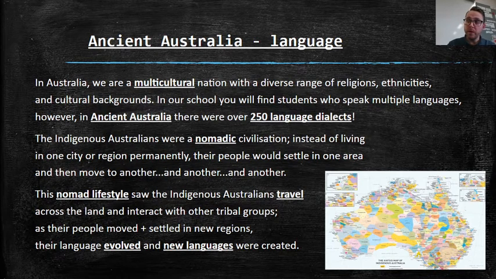Or, oh, that word's better than this word, I'm going to replace that. Or I didn't even know that word, that's going to be added to our little dictionary. So their language would slowly change as they met new people and new words and new languages. And over time their language evolved and new languages were created. So that's why there's so many different types of language. It's because lots of people were traveling around, interacting with each other, and sharing language, changing the language.